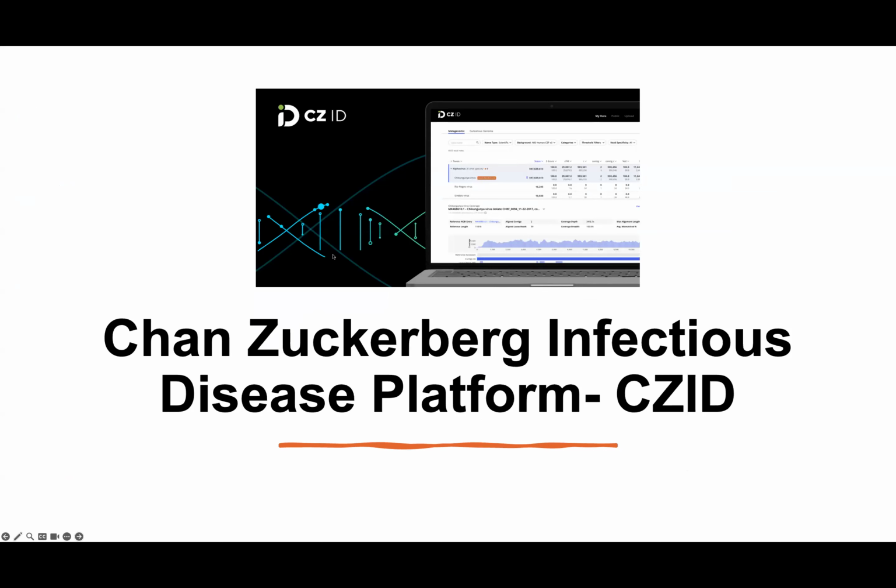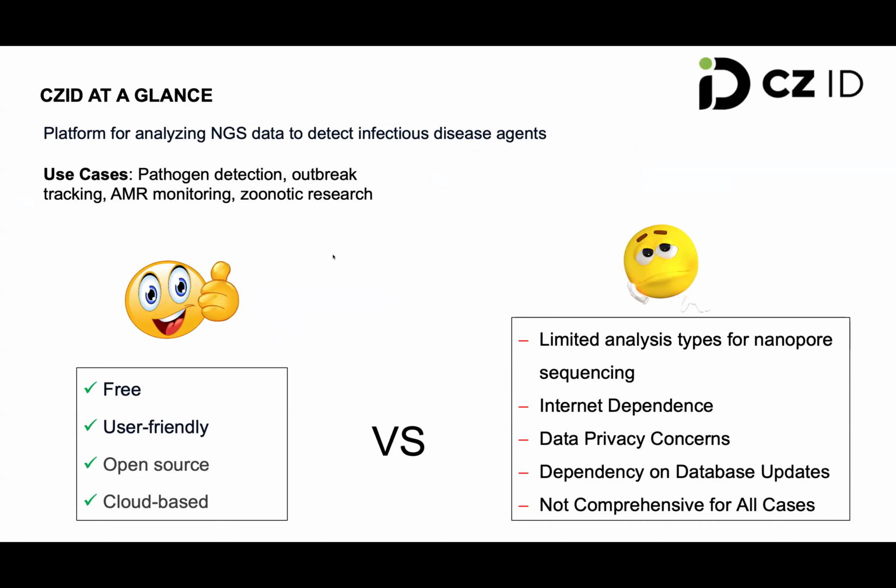The Chan Zuckerberg platform, or CZID for short, is software developed by the Chan Zuckerberg Initiative, and it's a platform for analyzing next generation sequencing data to detect infectious disease agents. So it's mainly for pathogen detection, outbreak tracking, also AMR monitoring, and zoonotic research.